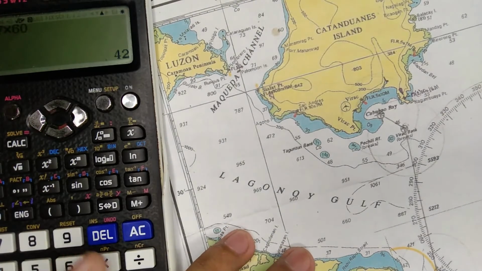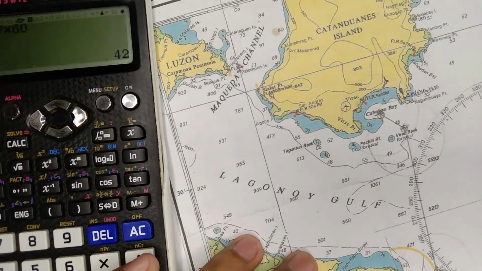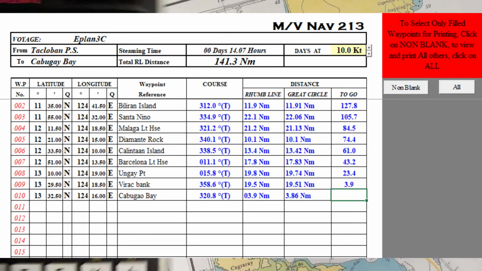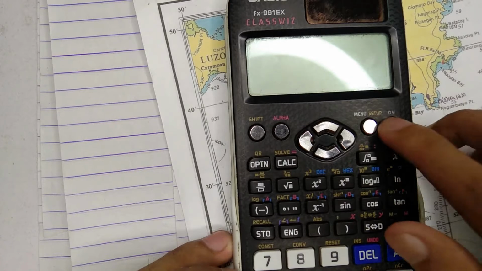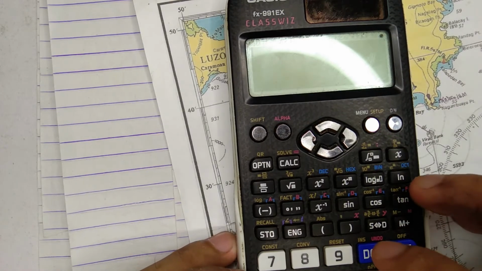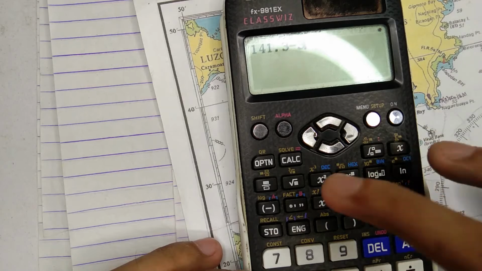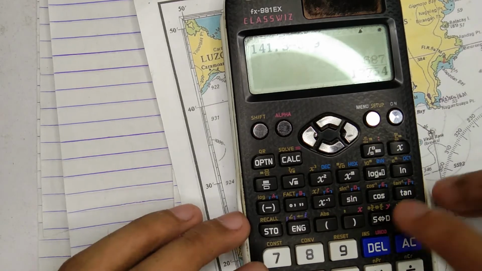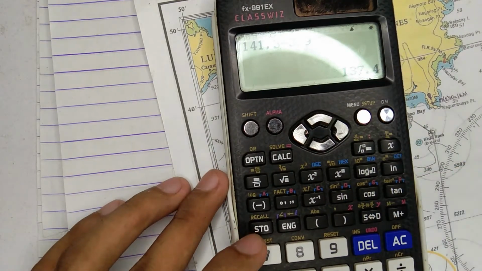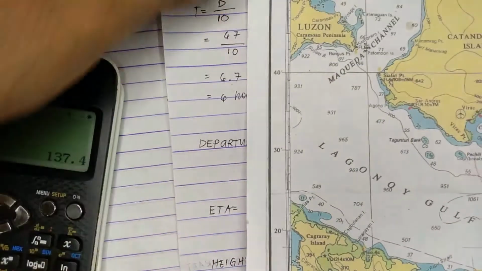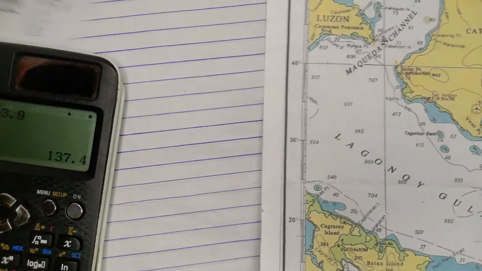Then we have in our table right here in this Excel, the Virac bank is about 3.9 to go. So 3.9. Again, we have a total distance of 141.3 minus 3.9. We got 137.4. So I just round it off, so it's about 137. So we need 137 miles to go.